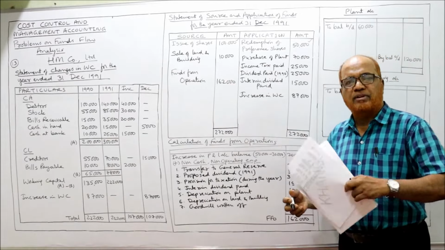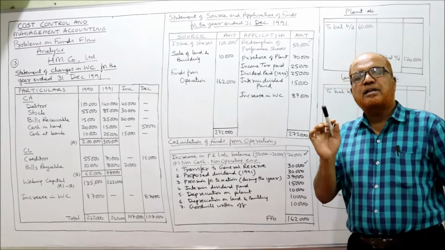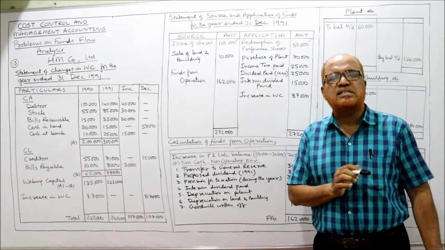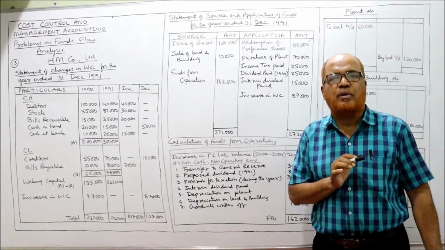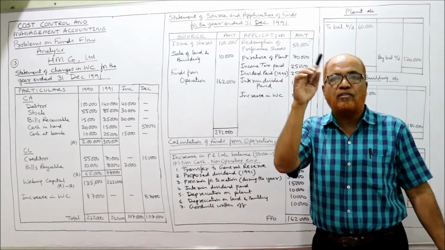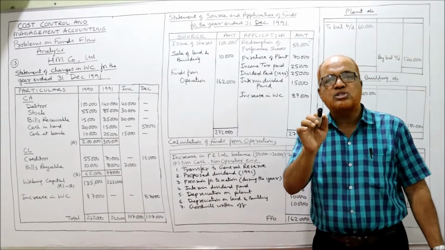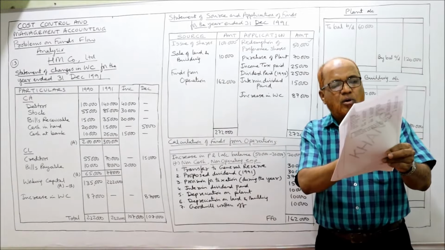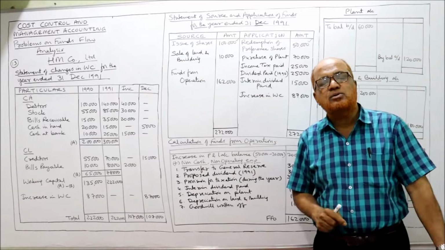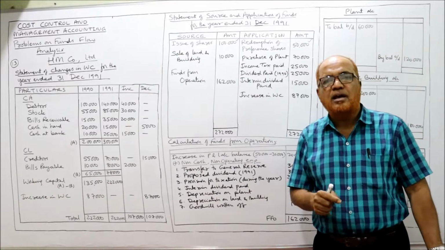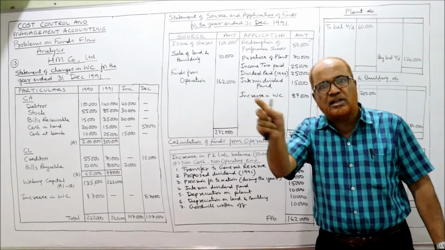Next, proposed dividend. See, when I am treating dividend and provision for taxation as an appropriation of profit, in that case the proposed dividend of last year is assumed as paid during the current year. So last year, how much is the proposed dividend? 25,000. 25,000 is the proposed dividend last year, and we assume that last year's dividend is paid.